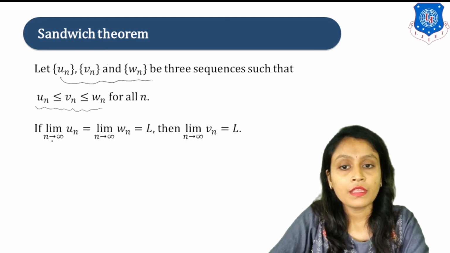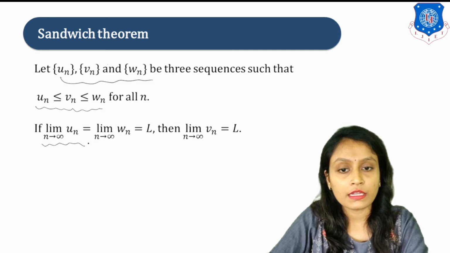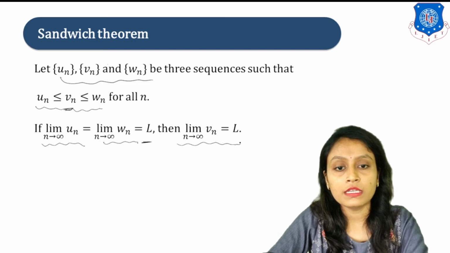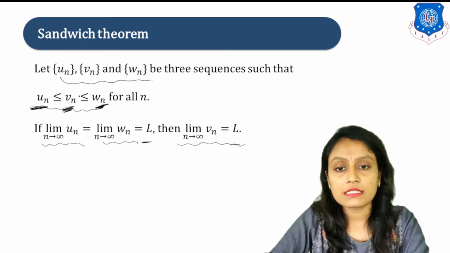Then if the limit as n tends to infinity of un and the limit of wn are both equal to L, then the limit as n tends to infinity of vn will also be L. Means if both limits are the same, then the limit of vn will also be equal to L.